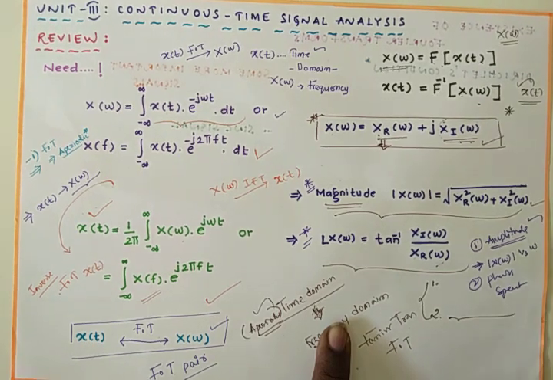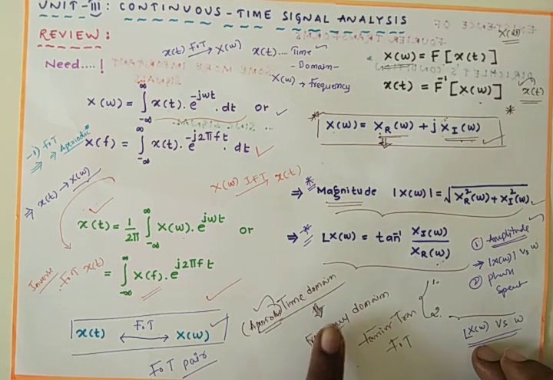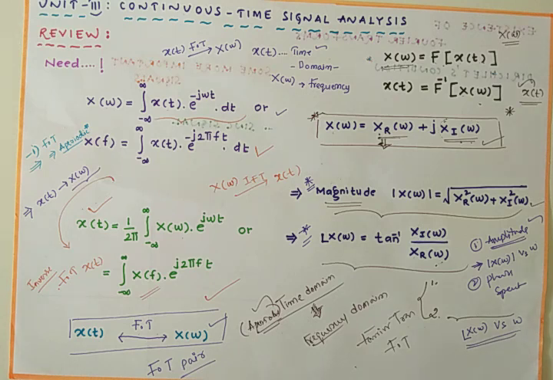The phase spectrum is a plot between the phase angle, that is angle of x of omega, versus omega. These are the two things we need to plot.